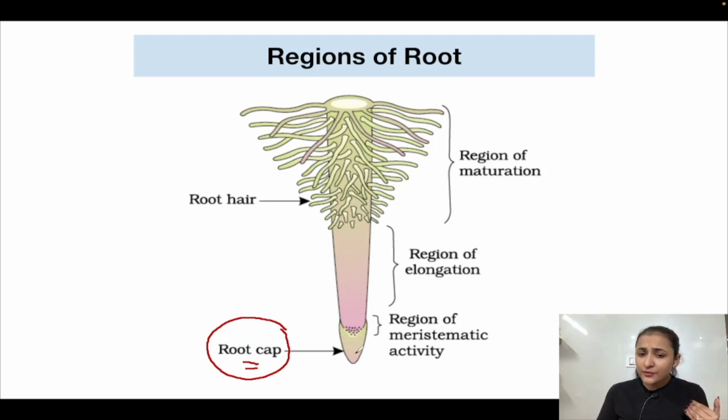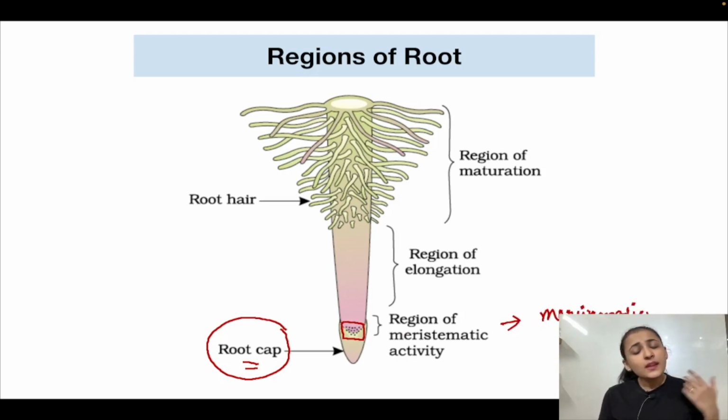Now, a few millimeters above this root cap is present a region of meristematic activity. Meristematic cells are present here. They divide rapidly. They are thin-walled, small, and have a dense protoplasm. This region is known as the region of meristematic activity.